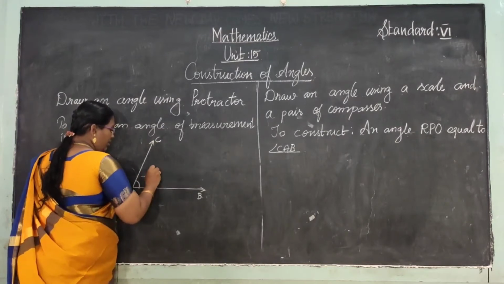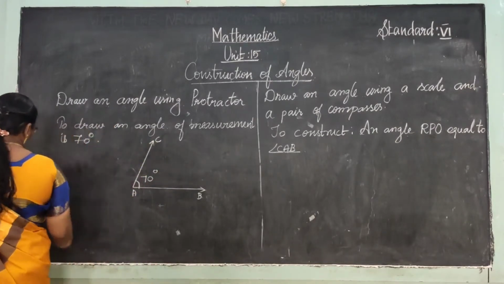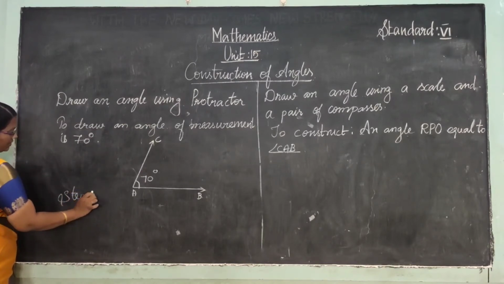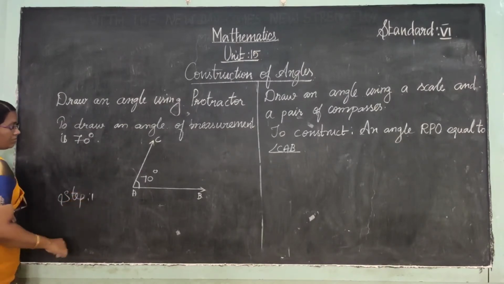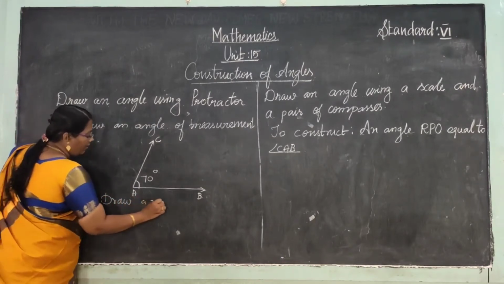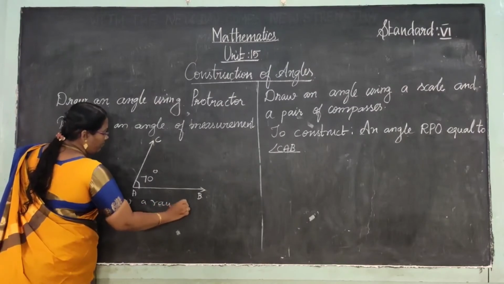Here write 70 degree. Now write the steps. Simple steps. Step 1: draw a ray AB.